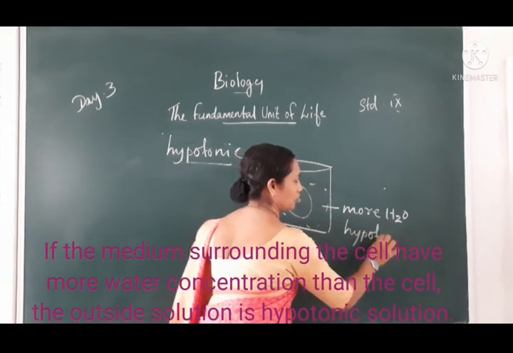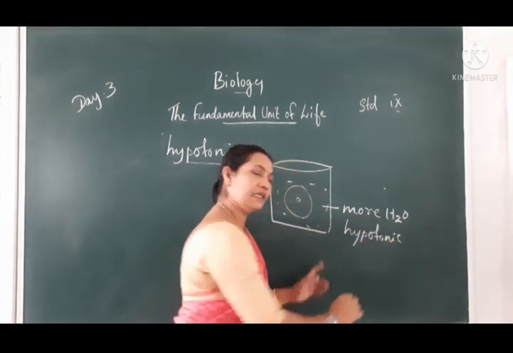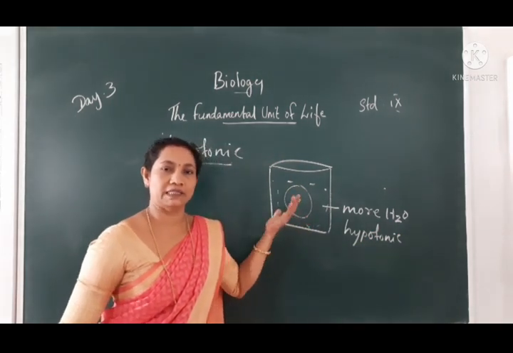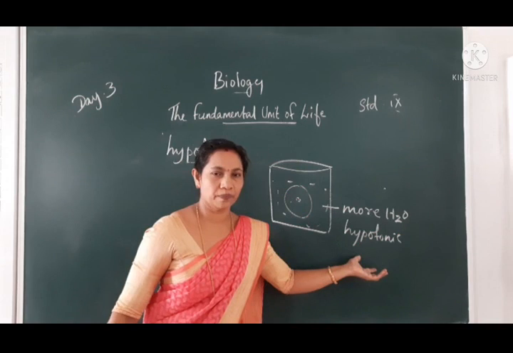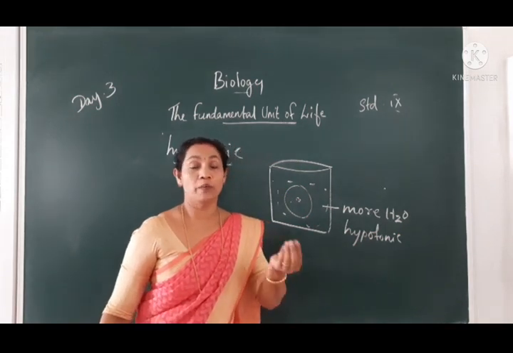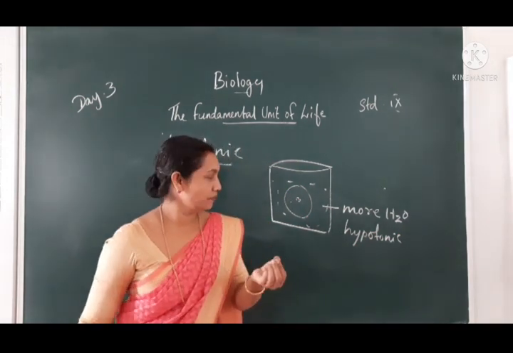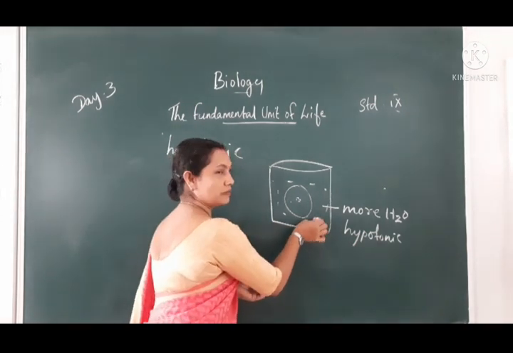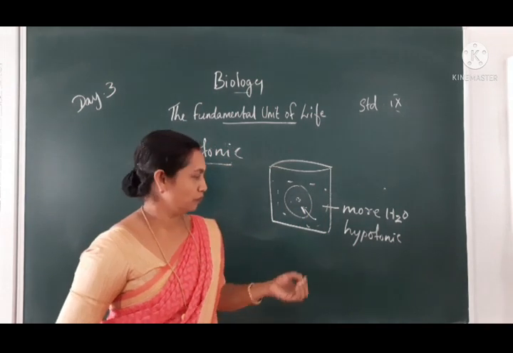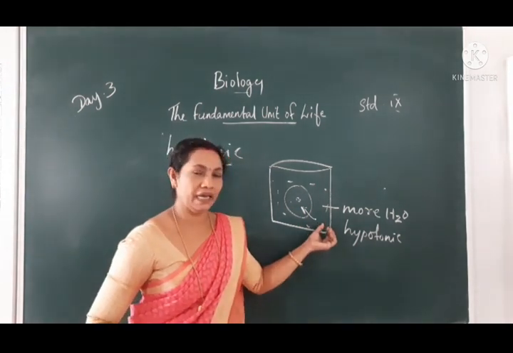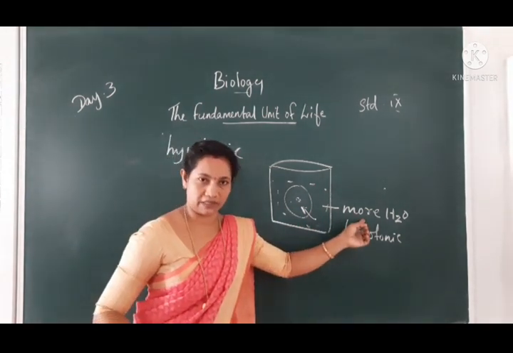So in this case, what will happen if a cell is placed in hypotonic solution? From where to where does the movement of water molecules occur? From the surrounding medium to the cell, because the medium has more water concentration.